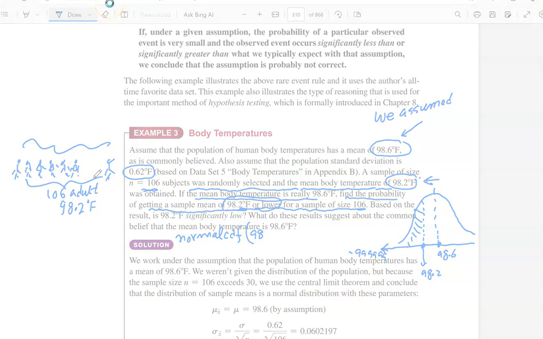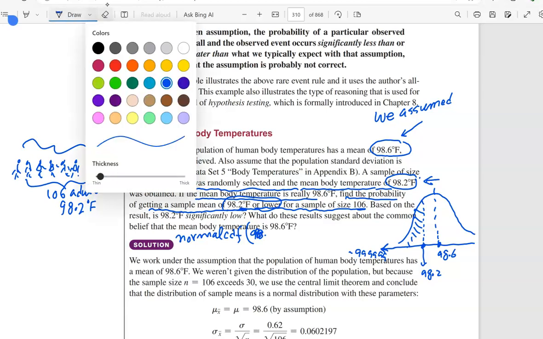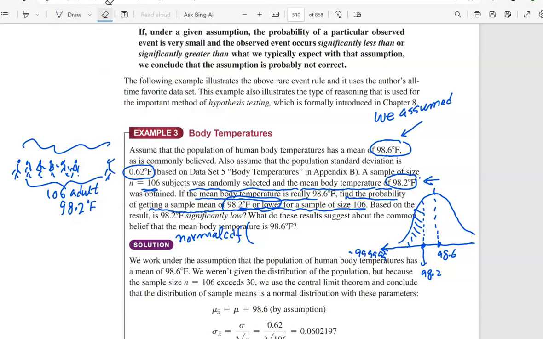So you put negative 999,999 first, and then 98.2.